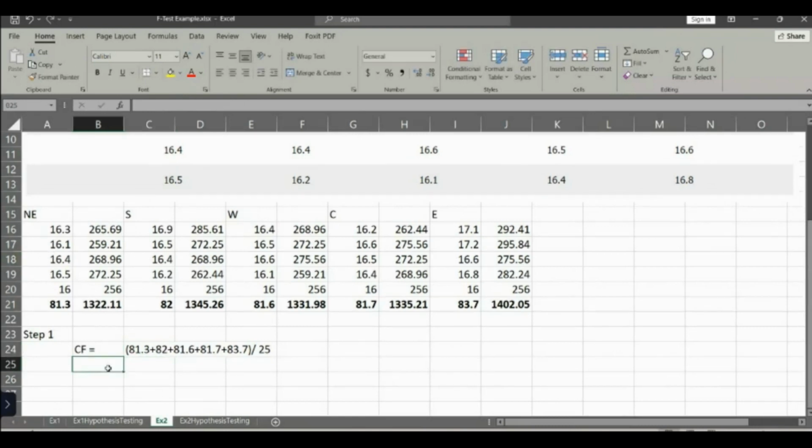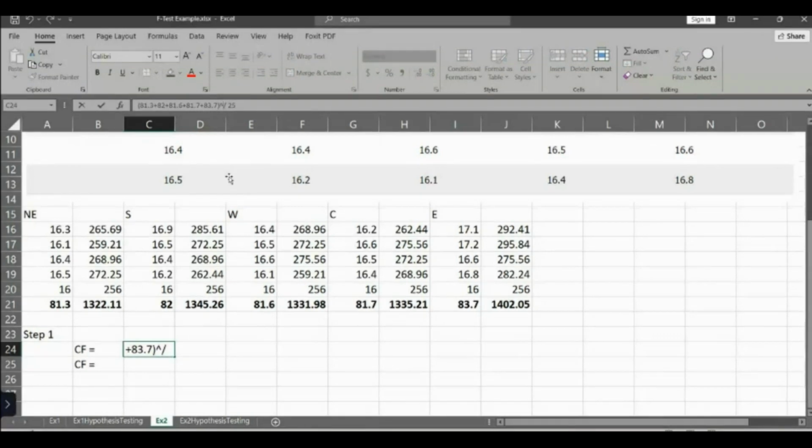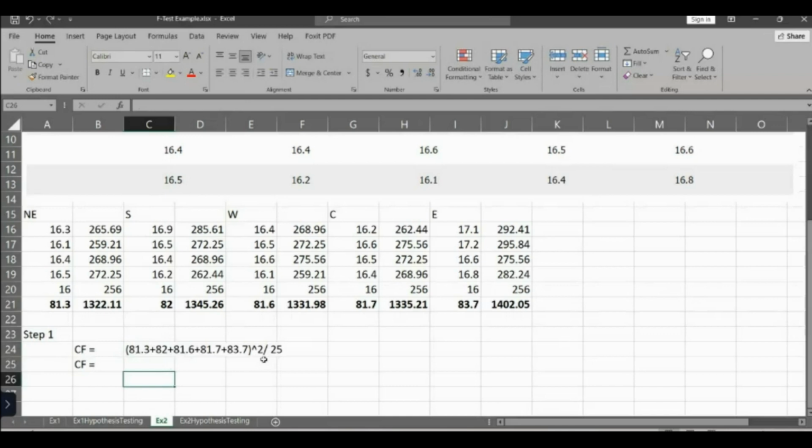Okay. So calculator, what is our correction factor? I forgot the square. After getting the sum, don't forget the square. Square the sum and then divide it by 25. So get the sum.